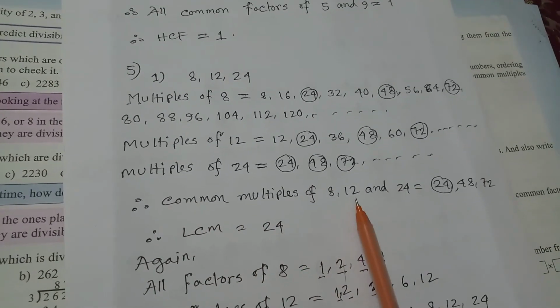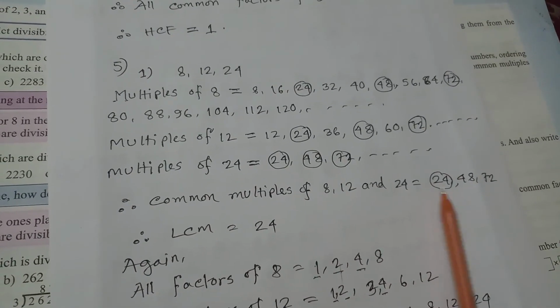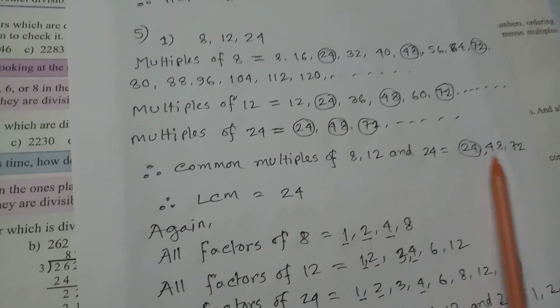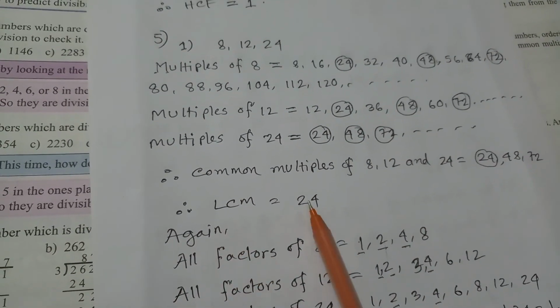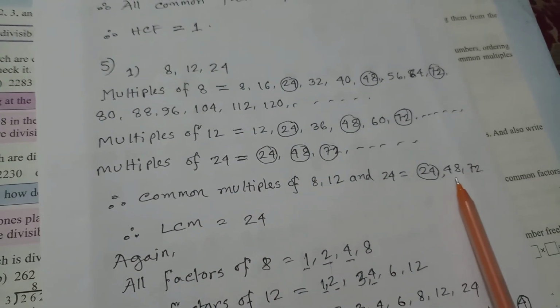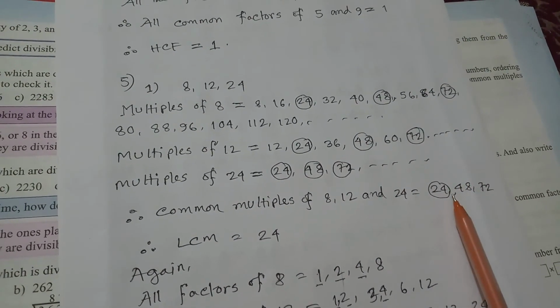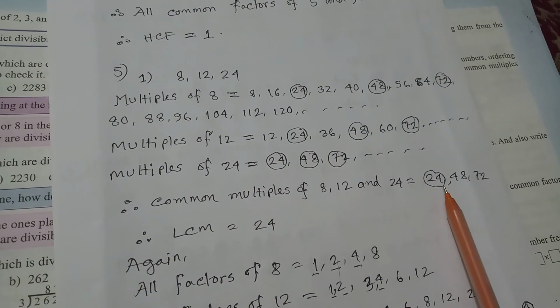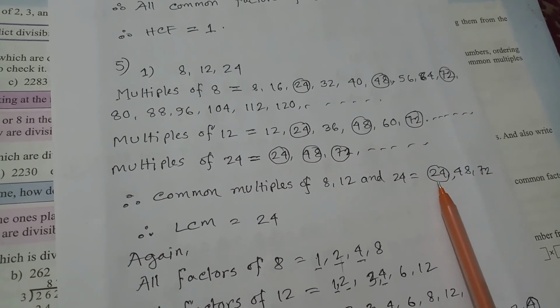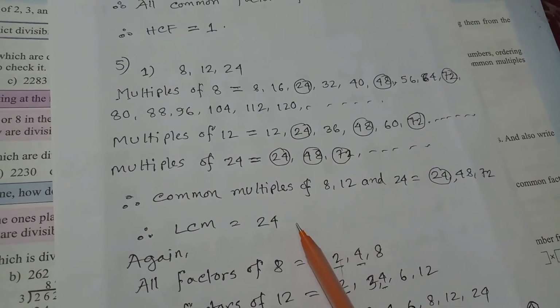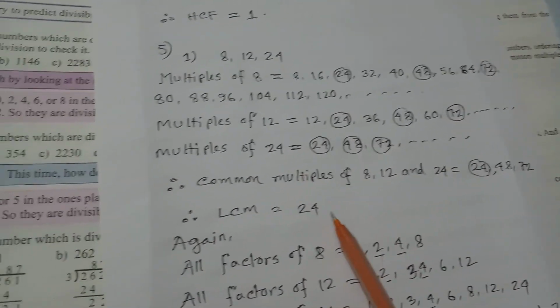So the common multiples of 8, 12 and 24 are 24, 48 and 72. Therefore LCM equal to 24, because from these three common multiples, 24 is the lowest common multiple. So the lowest common multiple means LCM, and LCM is 24.